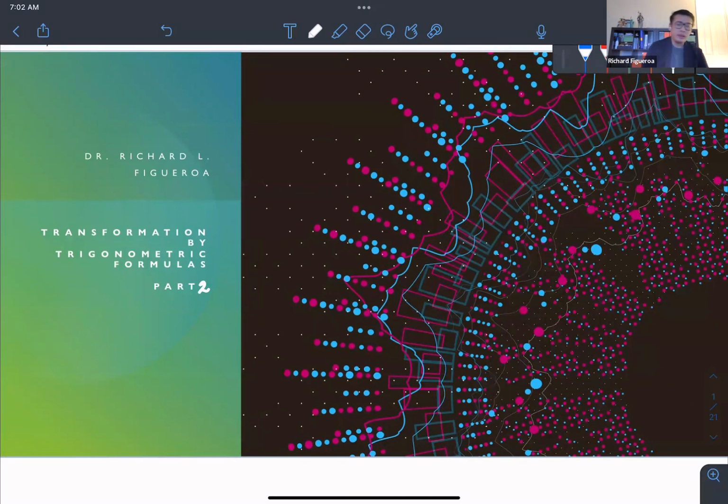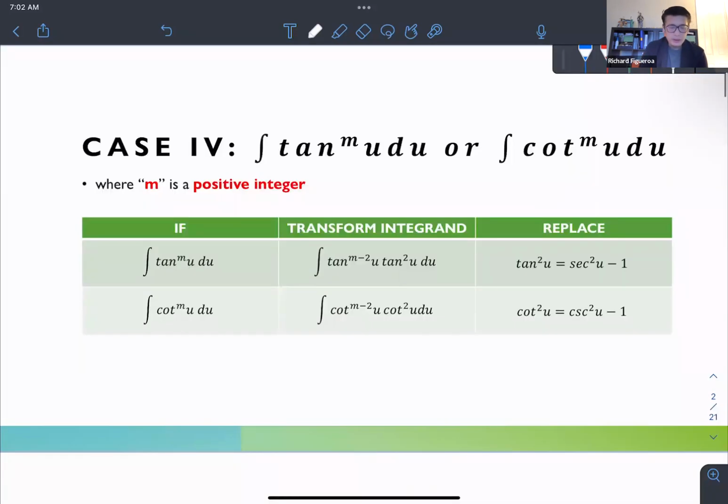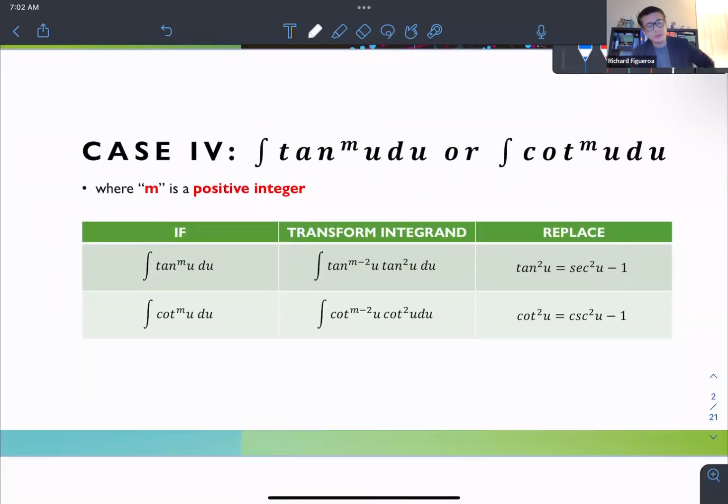And then for angles of sine and cosine which are not the same, we have case number 3.